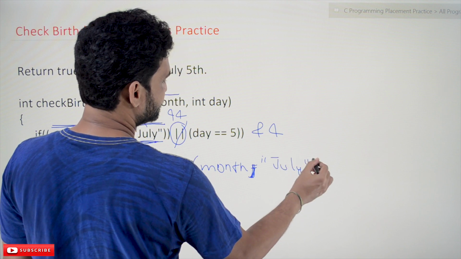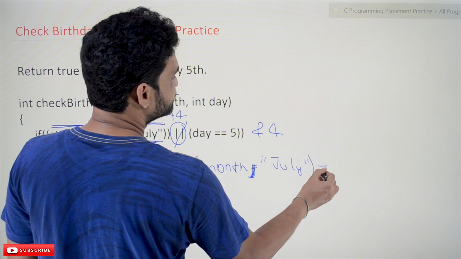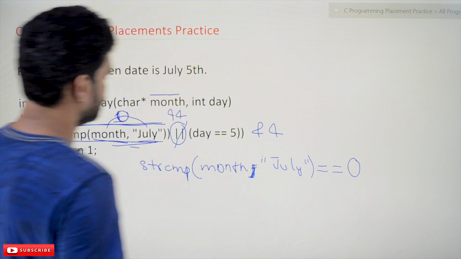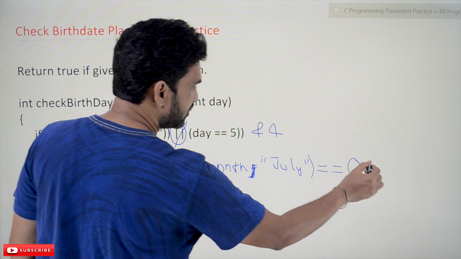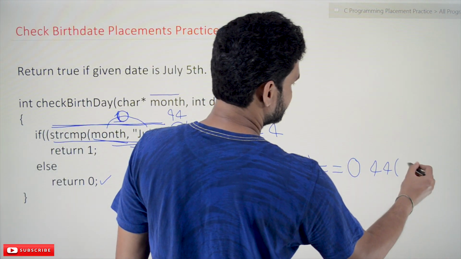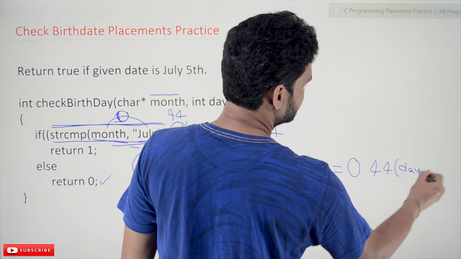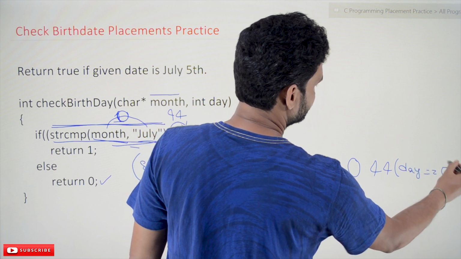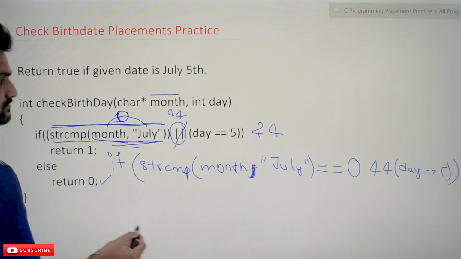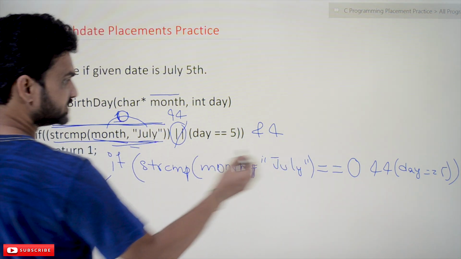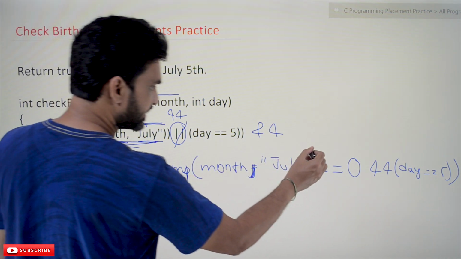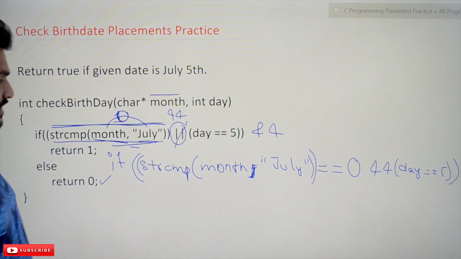This comparison is done, and the output of this function is going to be compared with 0. Here we are going to have the AND operator, and with this AND operator we are going to have day is equal to 5. This is the entire if condition, and we put this in brackets.